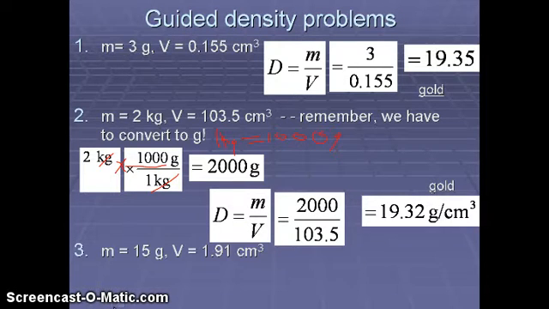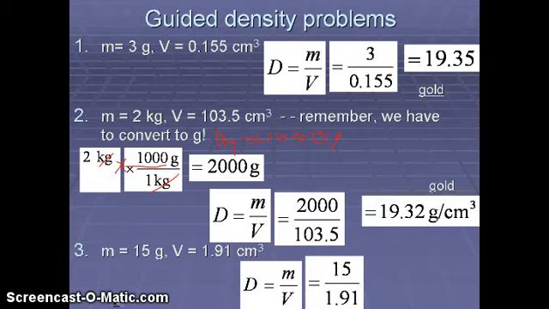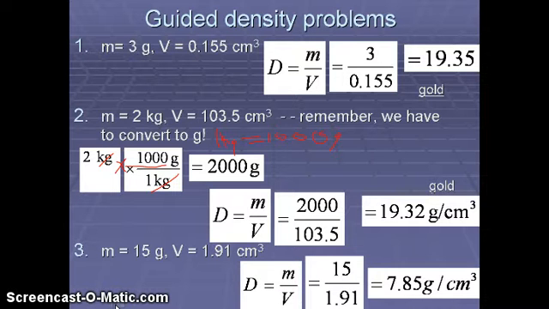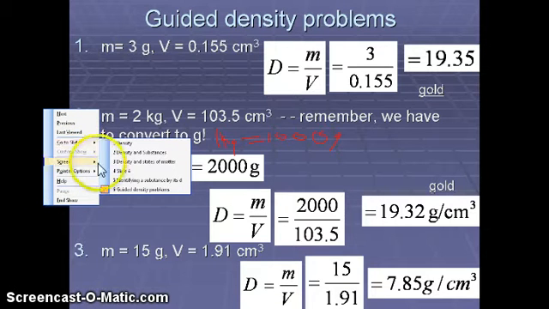Last problem. This object has a mass of 15 grams, a volume of 1.91 centimeter cubed. So 15 goes here, 1.91 goes here. We have 15 divided by 1.91. And we get 7.85 grams per centimeter cubed. So let's go back to our table.